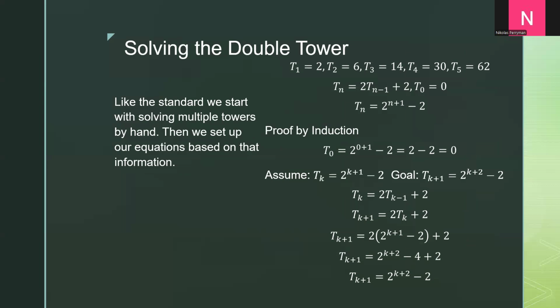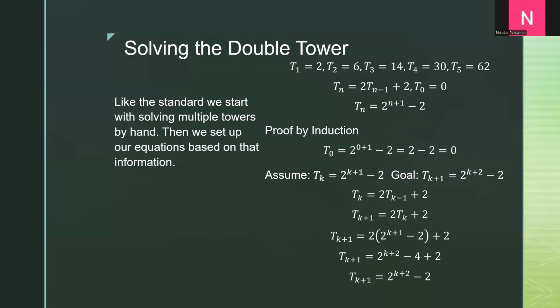So as far as mathematically solving the tower, we need to start by manually solving it. And so we got those values, and then we started comparing them and looking for an equation that connects them. And the equation that I came up with was T sub n equals 2 T sub n minus 1 plus 2.